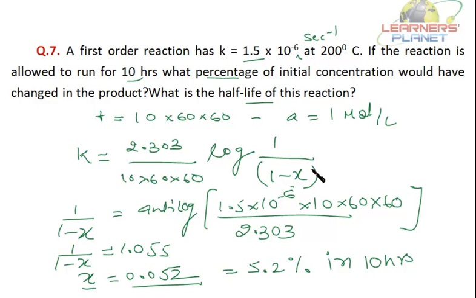I hope you have understood this section, students. This application of the concepts is very, very important, I tell you. Now there is one more formula, that is the amount of the reactant left after n half-lives.